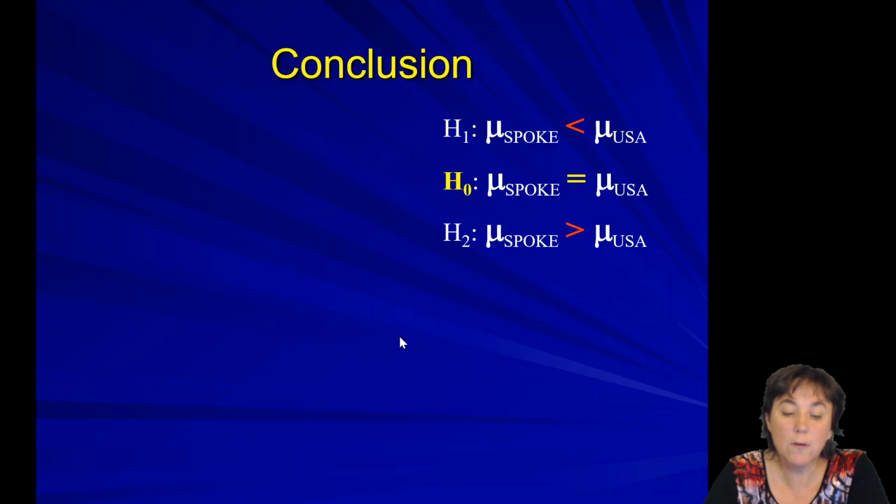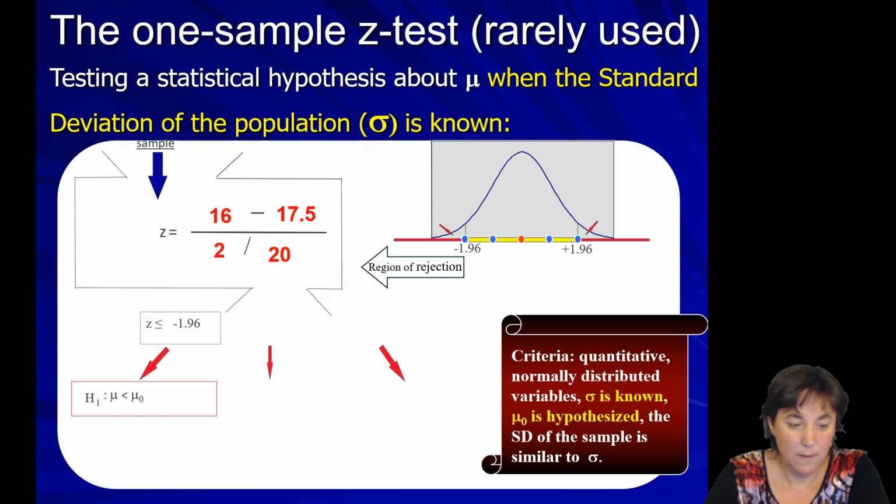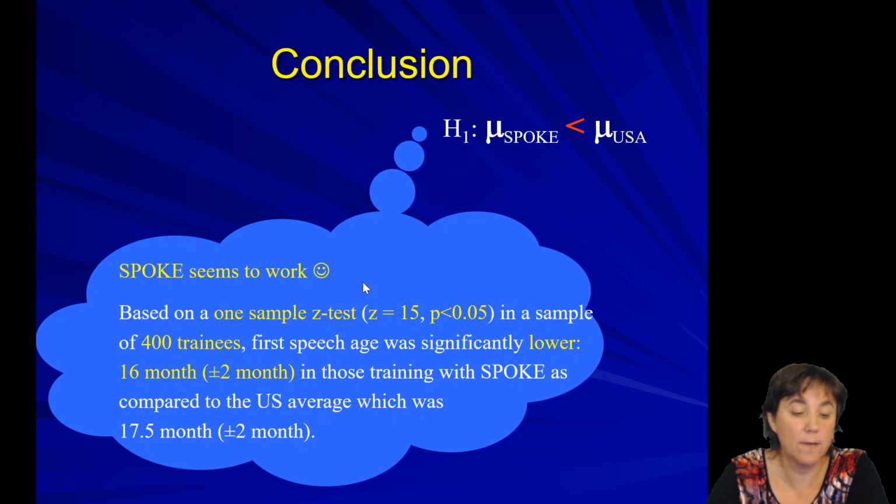And we will conclude that the training actually worked. We can say that the program is a good one because, based on the one sample z-test, z value, p value, it's enough if we say p is smaller than our pre-chosen level of error.